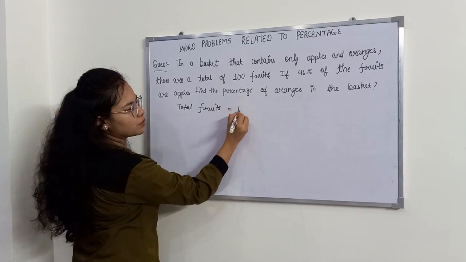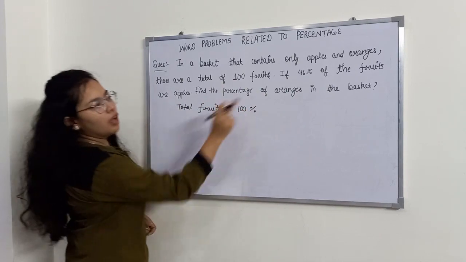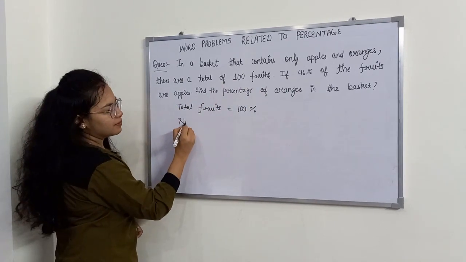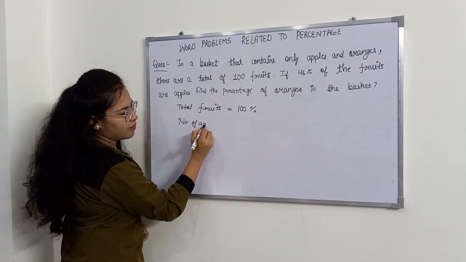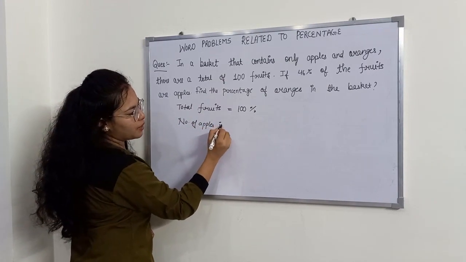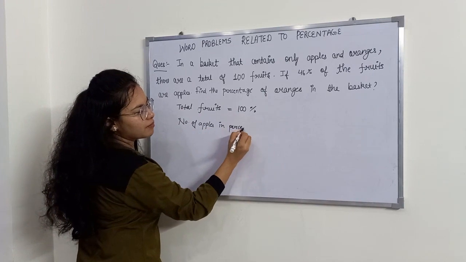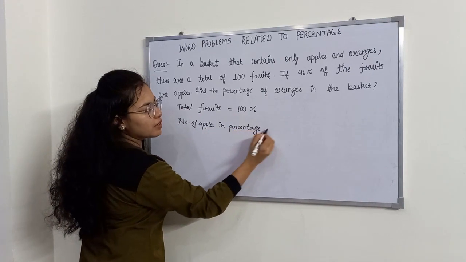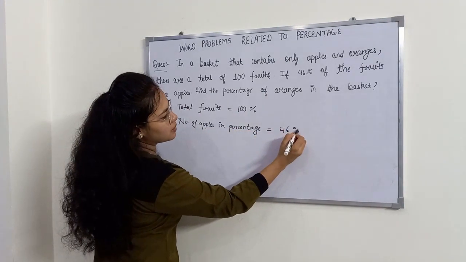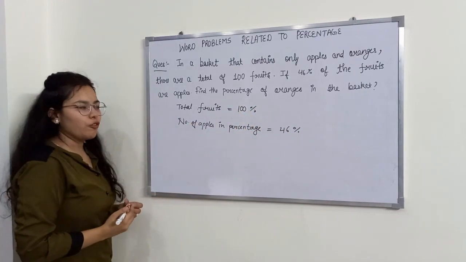Total fruits is equal to 100%. Number of apples in percentage is equal to 46%.